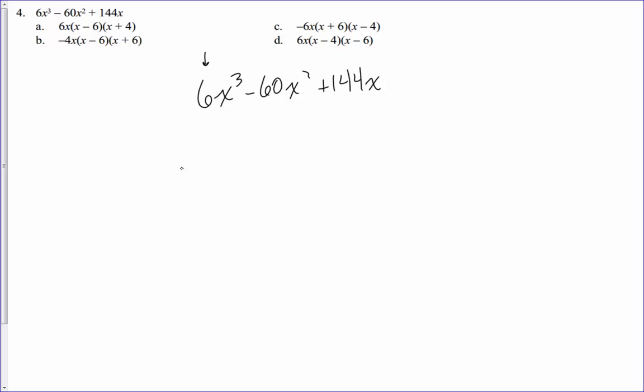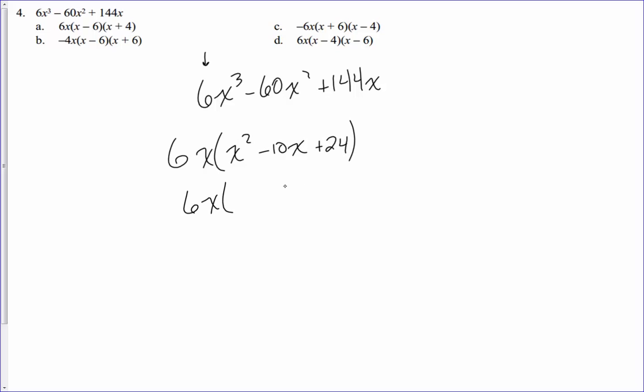So, looks like we can pull a 6 out of everything, and we can also pull an x out of everything. Okay, so 6x divided by 6x cubed is 6x squared. 6x divided by negative 60x squared is going to be a negative 10x. And then when you pull it out of here, you're going to get a positive 24.